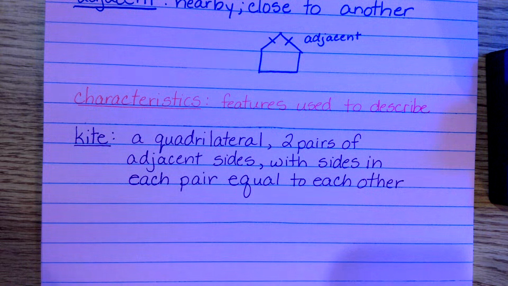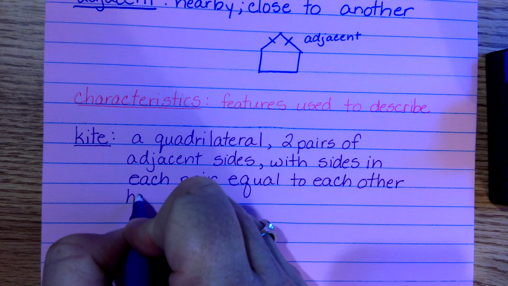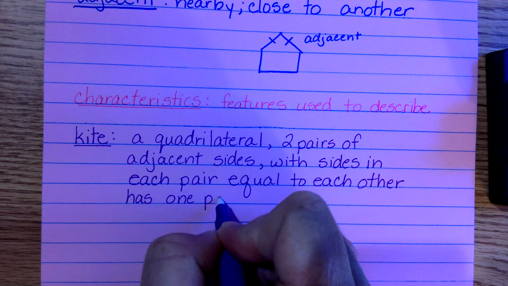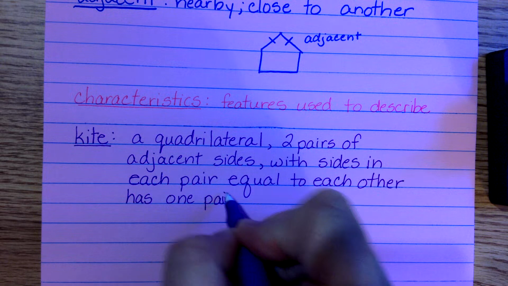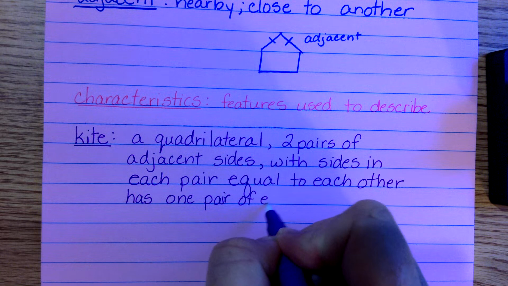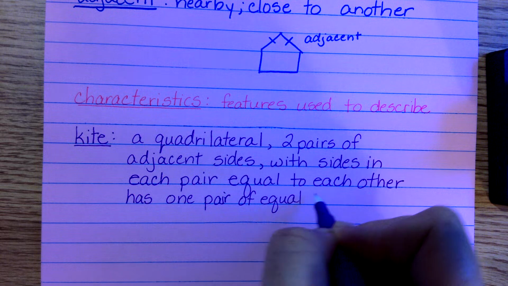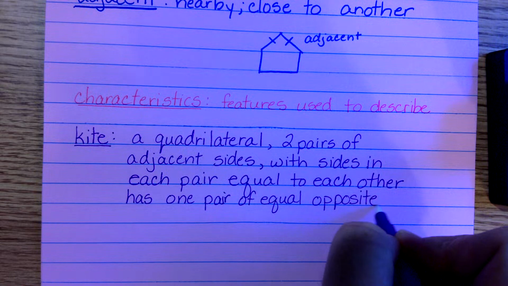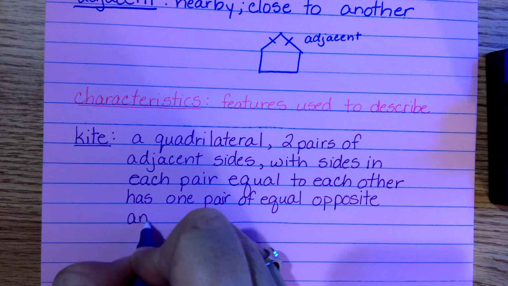It has one pair of opposite angles that are equal to each other.